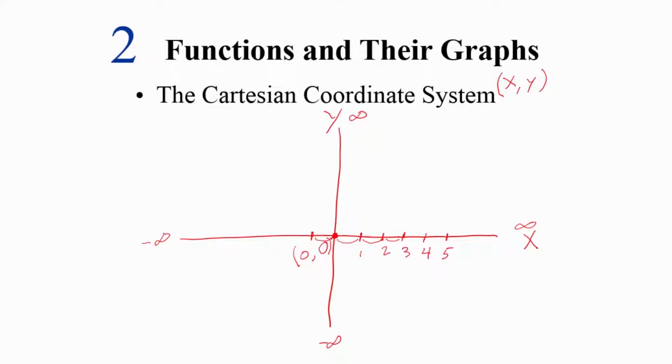So again, the same distance will take you to minus 1, minus 2, minus 3, minus 4, and so on. On the vertical axis, you have to choose a scale also. It doesn't have to be the same scale as the x-axis, but it has to be consistent on the y-axis.